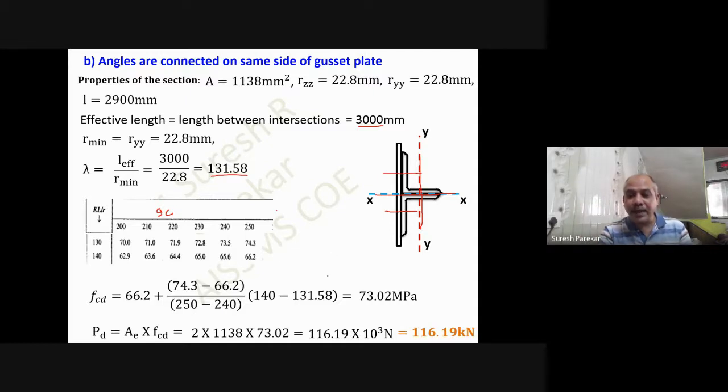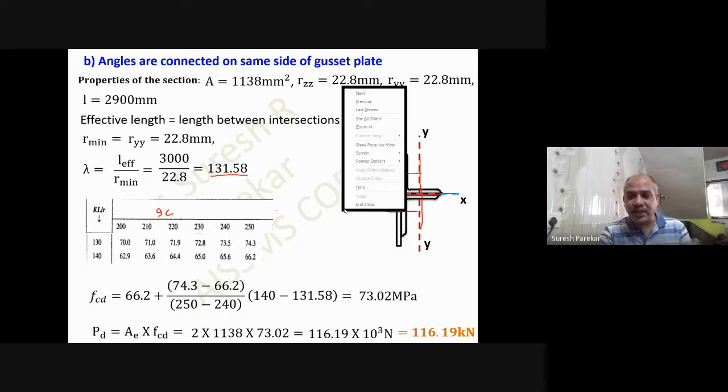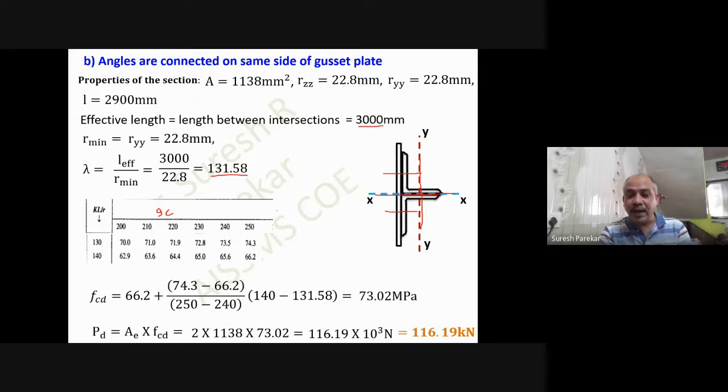Keep in mind, as my angle is a double angle section, we have taken 2 times the area, so 2 into 1338, which will be 116.19 into 10 raised to 3 newtons, that is 116.919 kilonewtons.